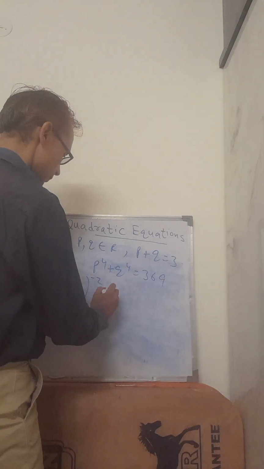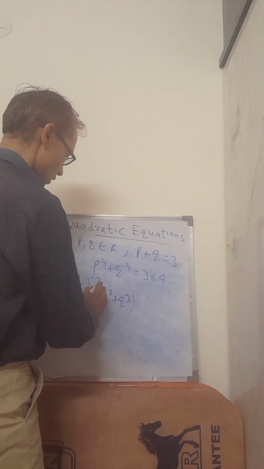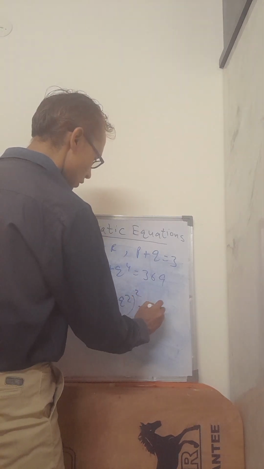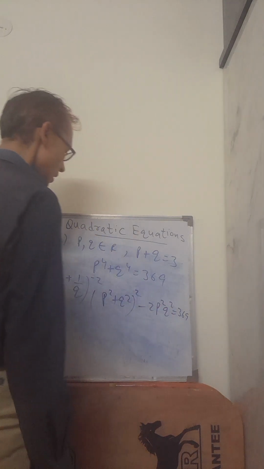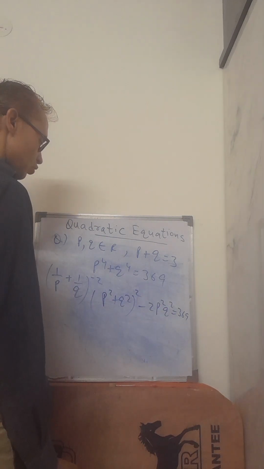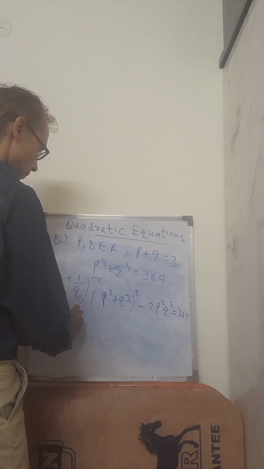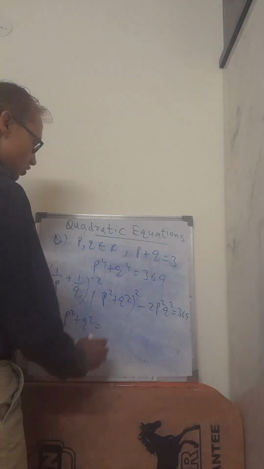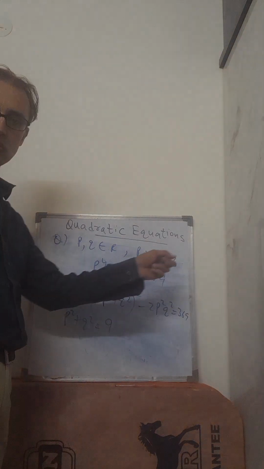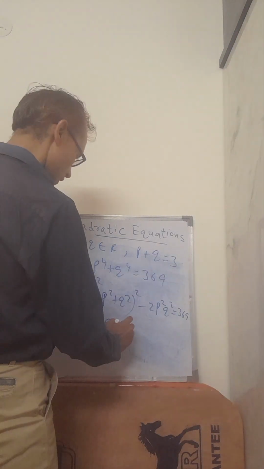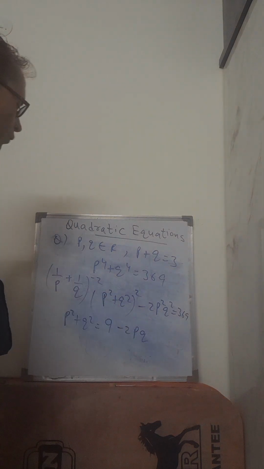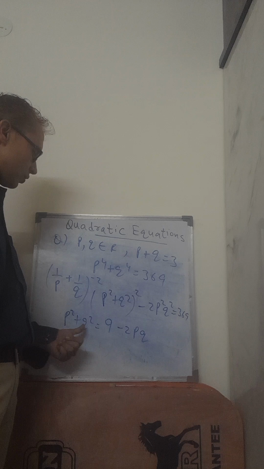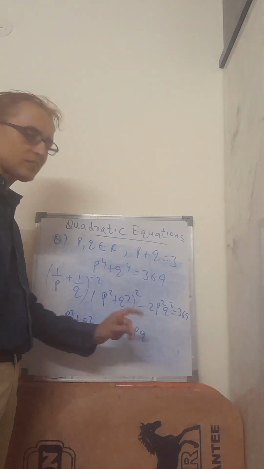P4 plus Q4 is (P square plus Q square) whole square minus 2 P square Q square, that is our 369. And what is P square plus Q square? It is (P plus Q) whole square, that is 9 because P plus Q is 3, minus 2PQ. So what will we do now? Now we can assume P into Q as T.